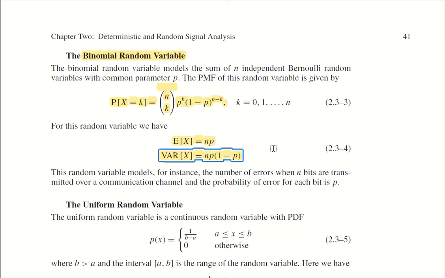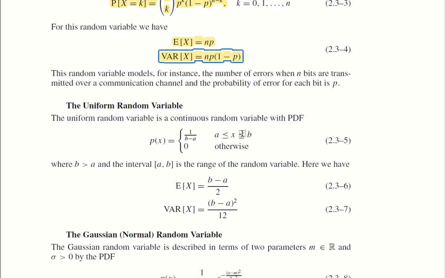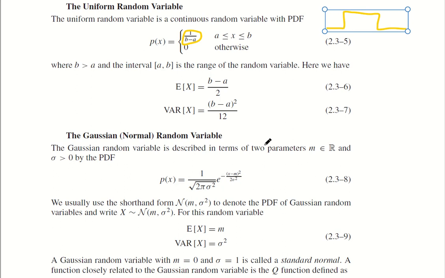Then the next one is the uniform random variable. It is distributed with values between a and b, and it has density 1 over b minus a. That is the uniform random variable.